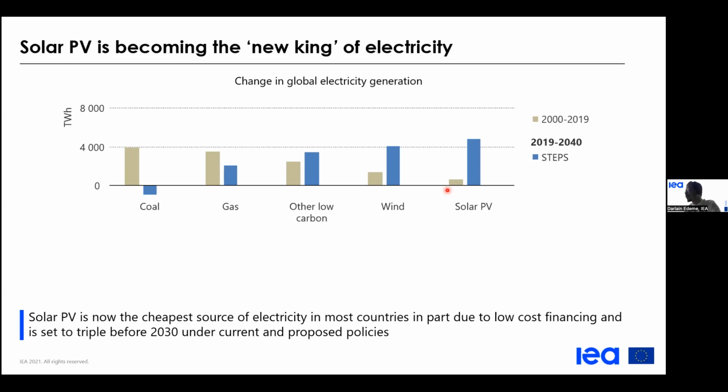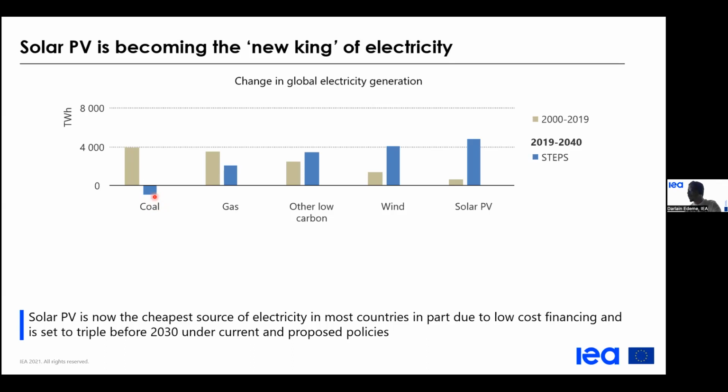Here you can see the results from our modeling exercises using what's called the STEPS scenario, the Stated Policies Scenario, which I remind you is the scenario which takes into account all the commitments from all countries in the world. These are the in-place and stated policies from these countries, and we can see that the picture is completely changing, because the change in global electricity generation for coal will be negative.